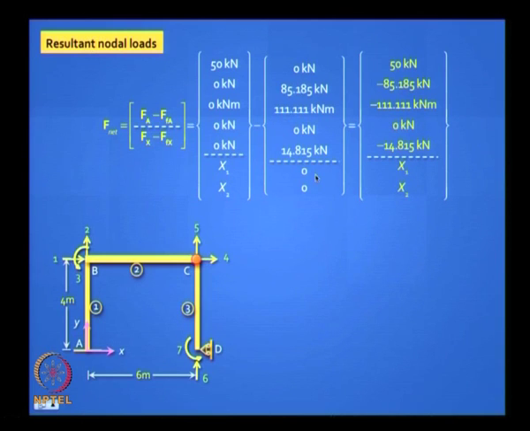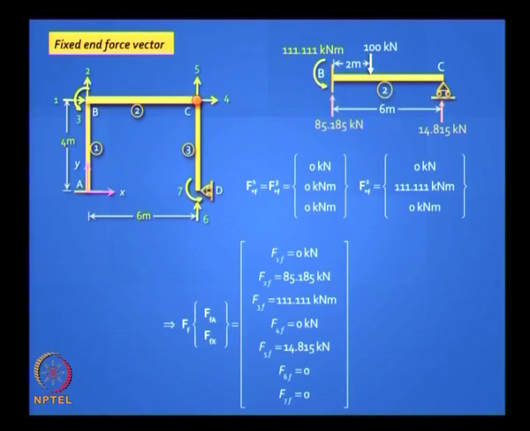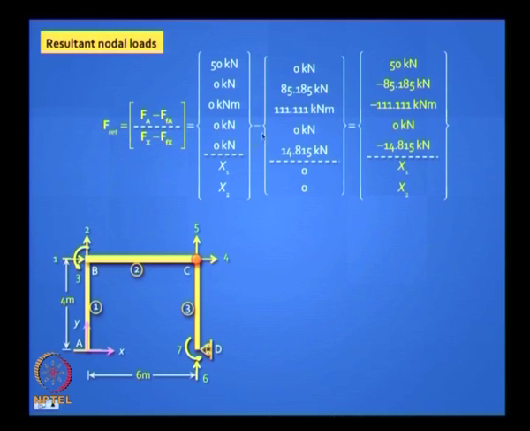This is my fixed end force vector, which I compute by inspection. By inspection, if I go back here, I see that this will contribute to F3 and these two reactions will contribute to F2 and F5. Is it clear? That is how I get these two quantities here. Does it make sense?